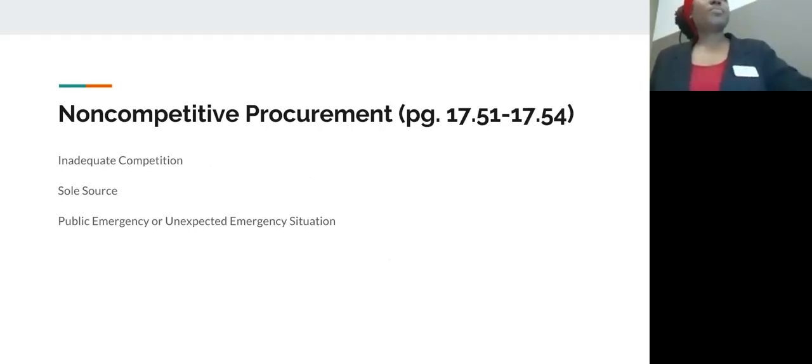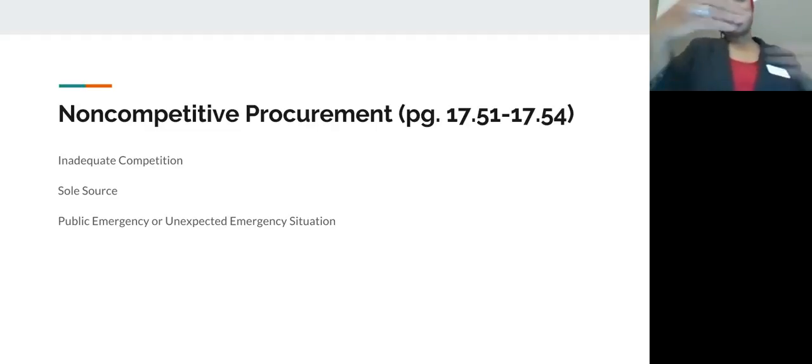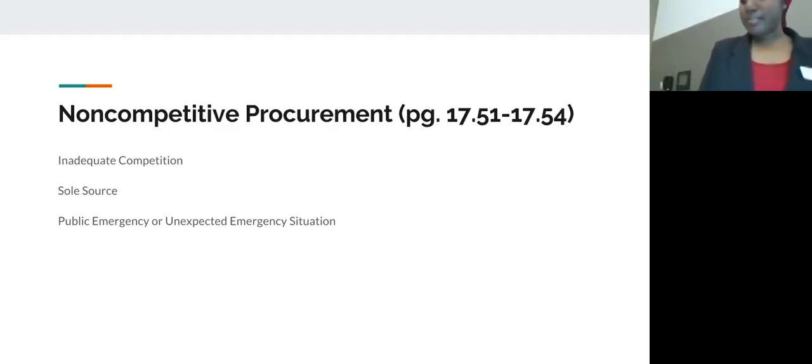With these methods, once again, you're still required to keep a certain level of documentation in regards to your justification as to why you've selected these particular methods. With all of these methods, it does require approval with TDA. I do have their information on that resource page. So in the event you're looking to do a non-competitive procurement method, you can reach out to them on that email address that I have on the front of your resource pages.